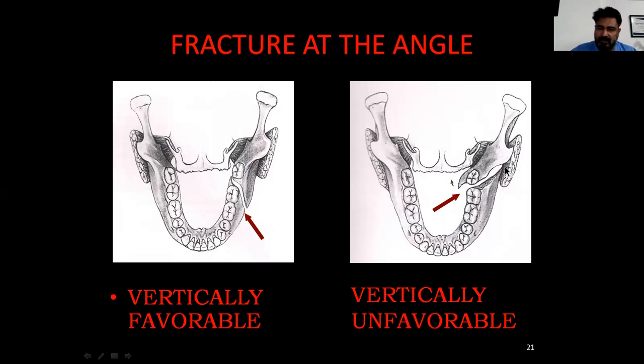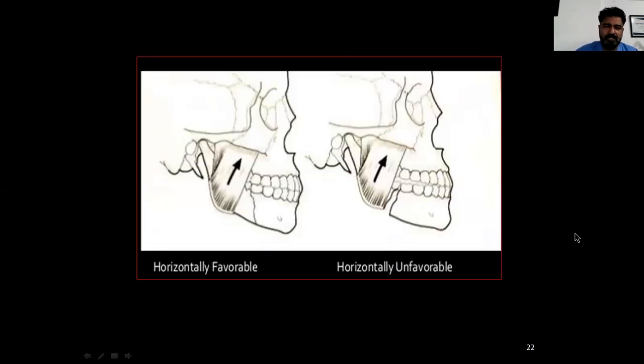Now in this case, the fracture line is opposite to that. This muscle is pulling the fracture fragment away from the rest of the fragment. So it is a vertically unfavorable fracture. Same as horizontally favorable and unfavorable. If the fracture is like this, the muscle is pulling this segment upwards towards the fracture line, so it is a horizontally favorable fracture.